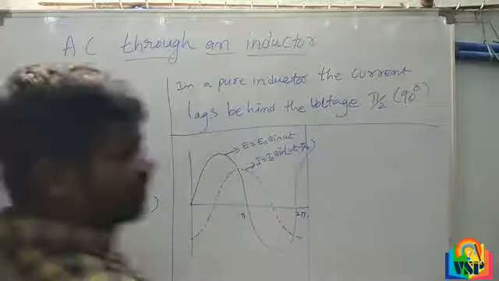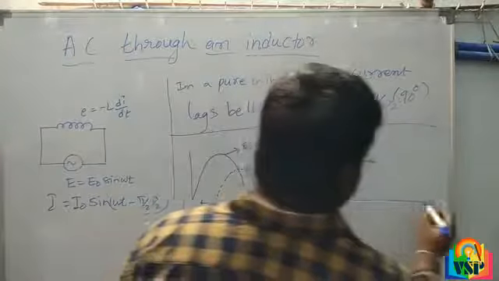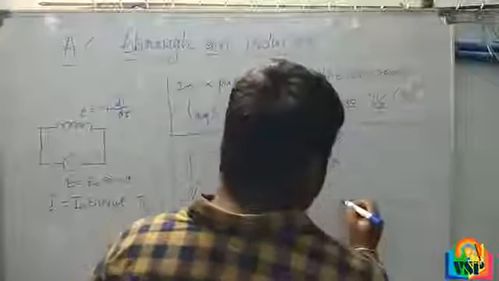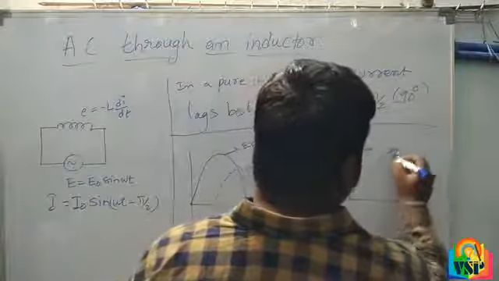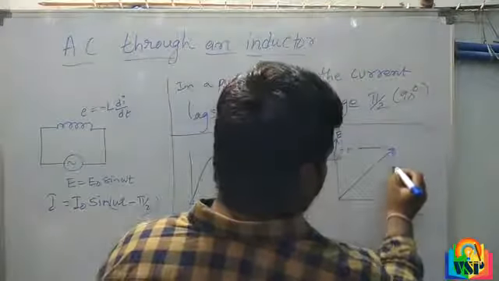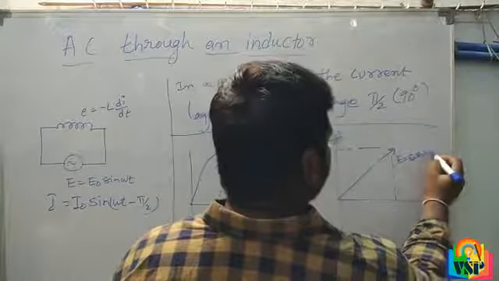Coming to the phasor diagram. The voltage line is always drawn like this, E is equal to E naught sin omega t.